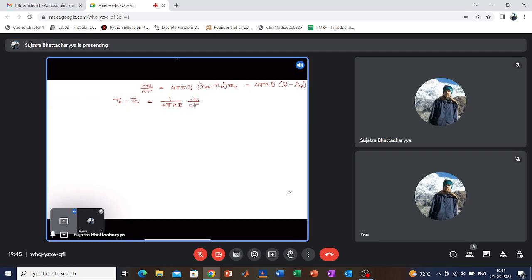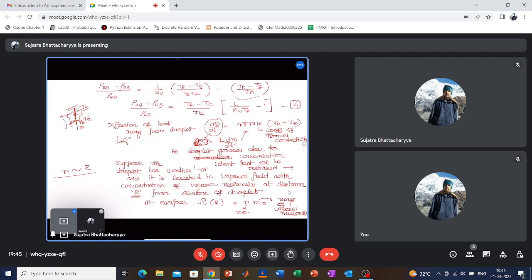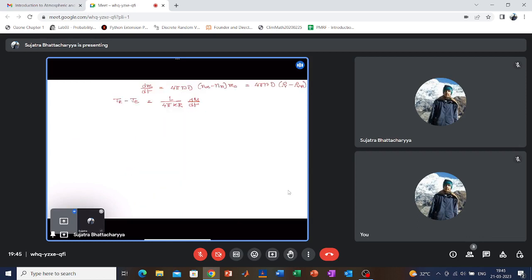From where have we got this expression? From this, because L dm dt we have written, and r is in general any radial distance.